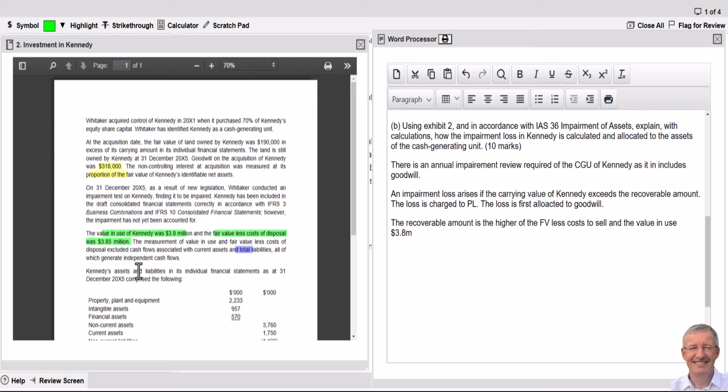And we're told that the fair value less cost of disposal is 3.85. So that's what we're told. Now we can therefore, I think, make a judgment that 3.85 is the recoverable amount. The asset, in other words, is going to be sold.